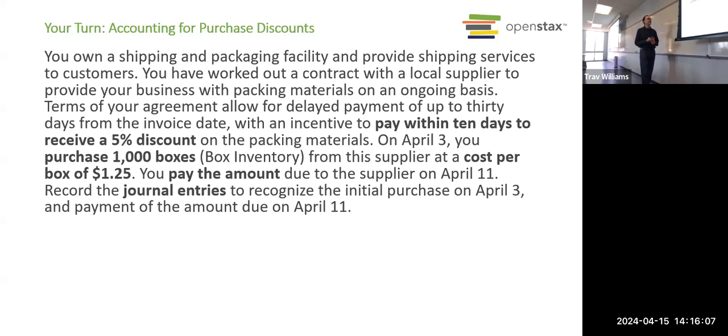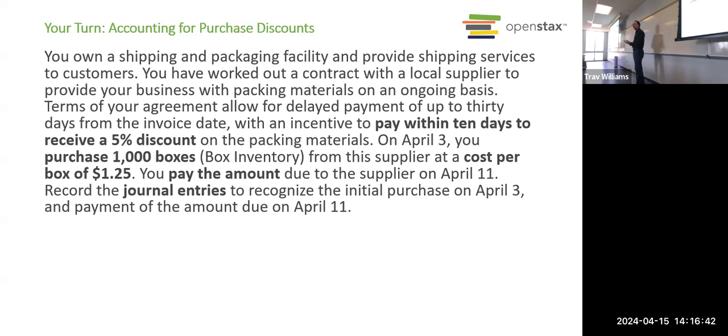Let's start with the purchase. What would we debit the purchase? Which account? What did we get? Okay. Yeah. I think merchandise inventory. We bought some boxes, and we are a shipping and packaging facility, so that would be part of our inventory, right? Yeah. We count it as merchandise inventory. If we were in some other line of business and we're buying boxes, then maybe it's a supply.